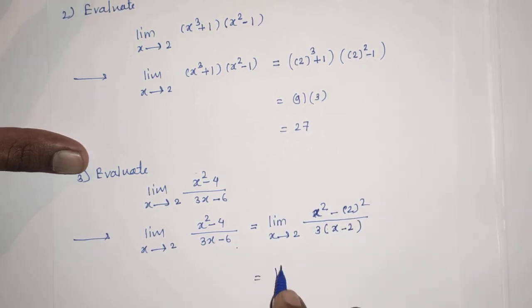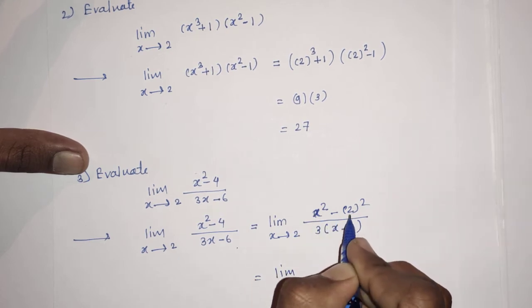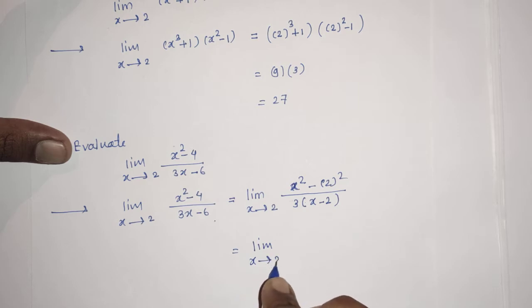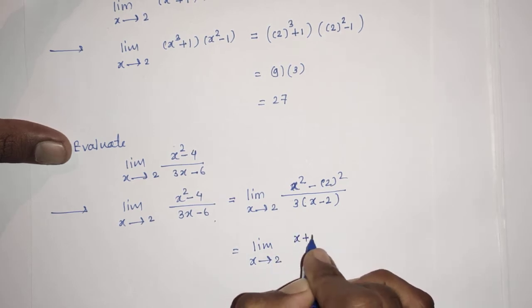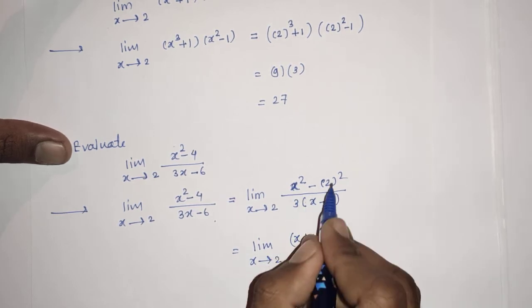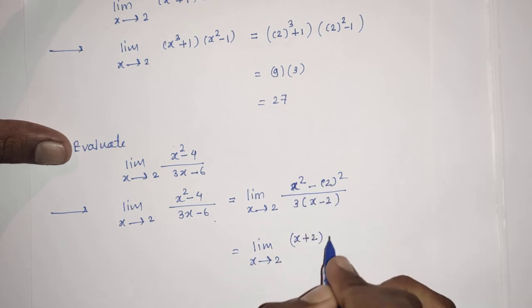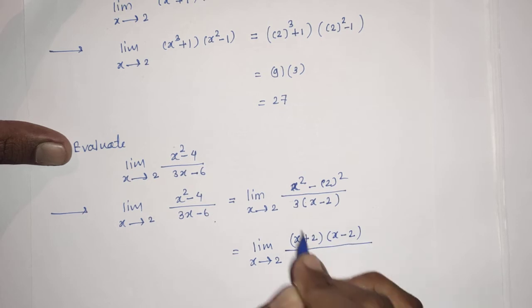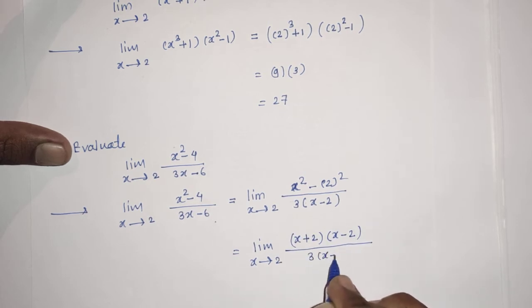Now here we have a square minus b square equals a minus b into a plus b. So we can use that rule and write x plus 2 into x minus 2, divided by 3 times x minus 2.